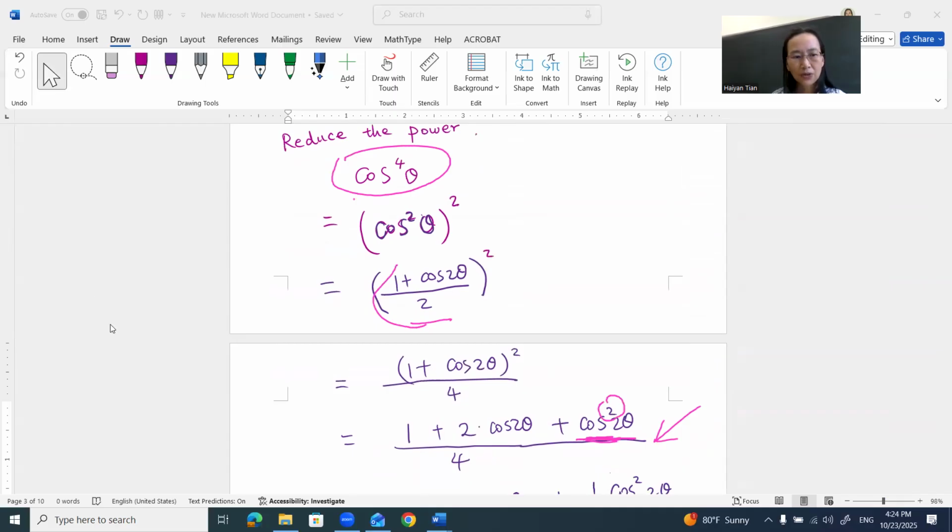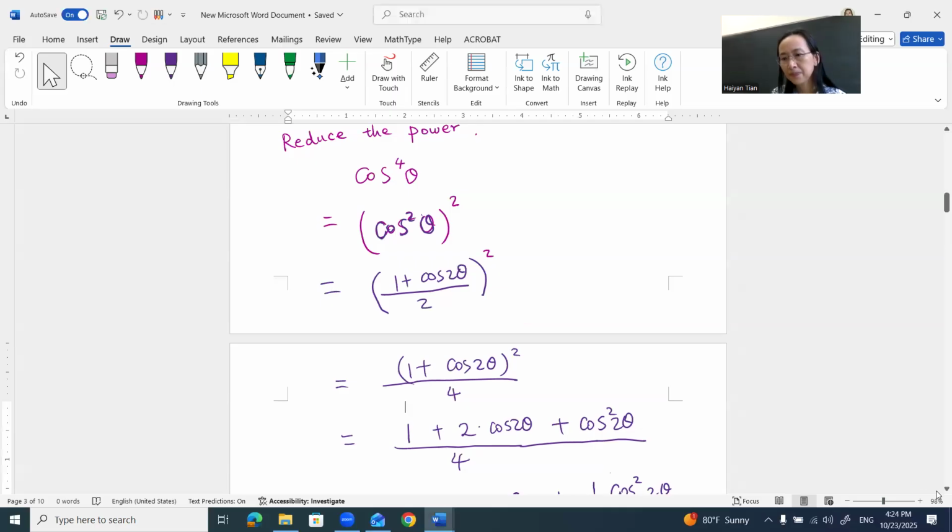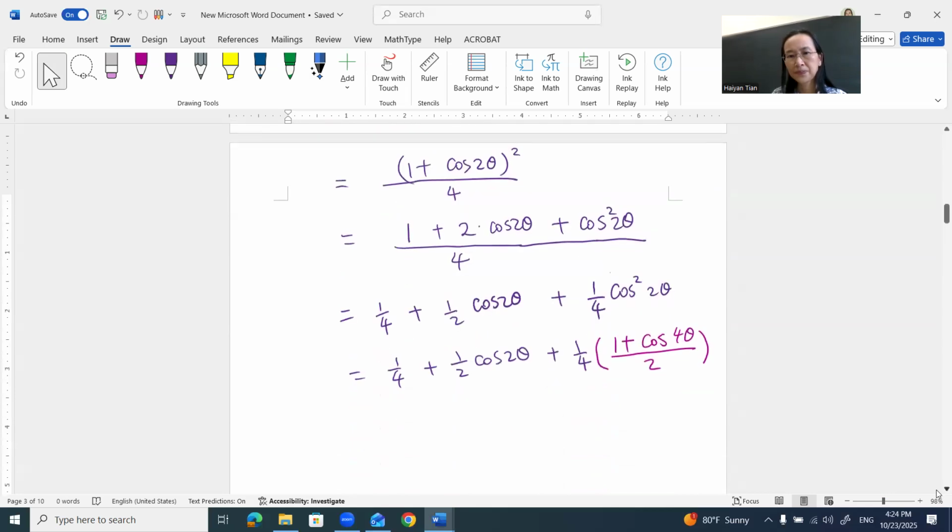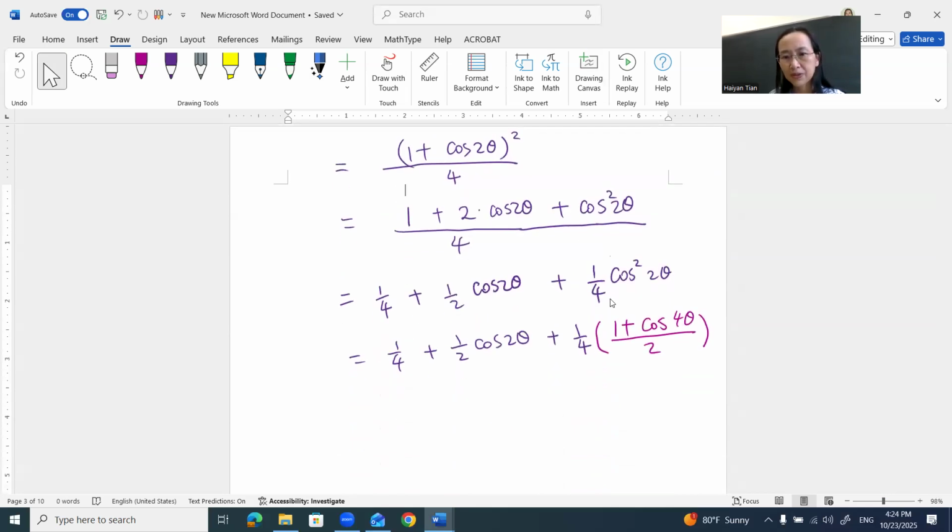But now, after one more time of using the power reducing formula, because when we see the cosine squared, this second power, we don't like it. We want to reduce it again. So here we reduce it again to this. So now every term, you see cosine, this is first power, right? This is another first power. So we're done with power reduction.